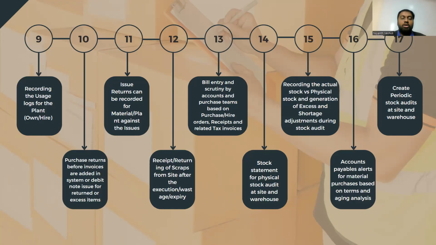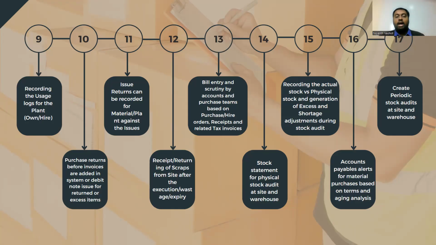The next point in terms of handling inventory is that issue returns can be recorded for materials against the issues. Issues here means not mistakes or risks, but handing over of documents.